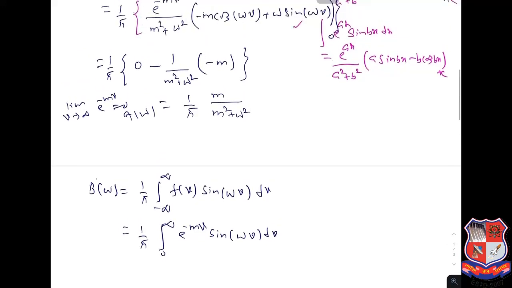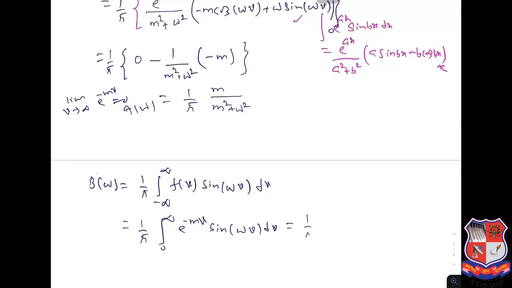If we use the result, it is 1 over π e power minus mv over m square plus ω square times (minus m sin ωv minus ω cos ωv), from 0 to infinity.